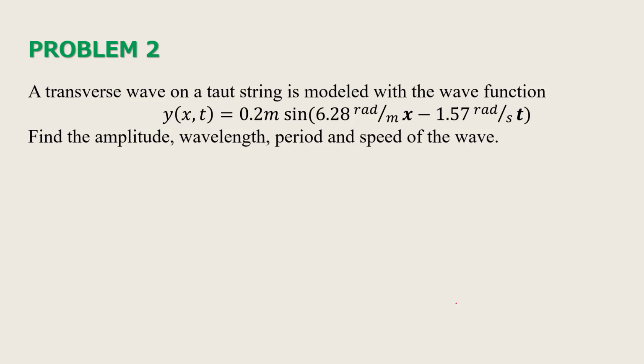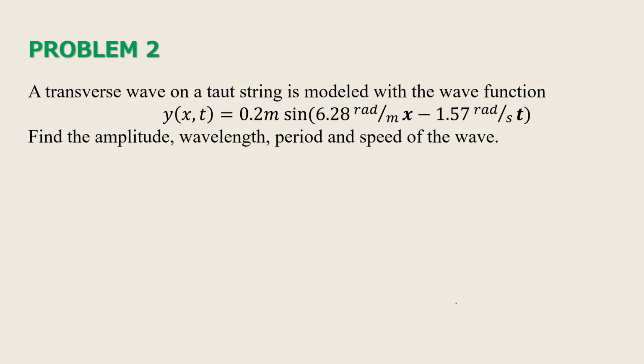A transverse wave on a taut string is modeled with the wave function y of x,t is equal to 0.2 meter sine (6.28 radians per meter x minus 1.57 radians per second t). Find the amplitude, wavelength, period, and the speed of the wave.